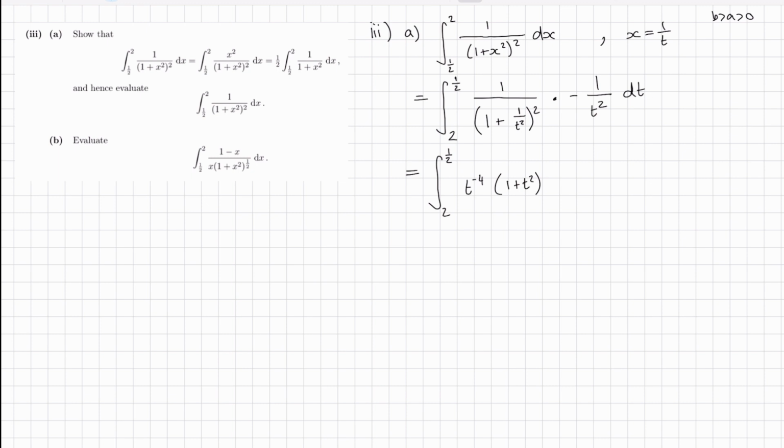We get our 1 plus t squared squared. Apologies, that's a minus. And we've got 1 over t squared, which then gives us t squared on t to the 4 on top, multiplied by t to the negative 2, coming from our dx by dt term, all over 1 plus t squared dt.